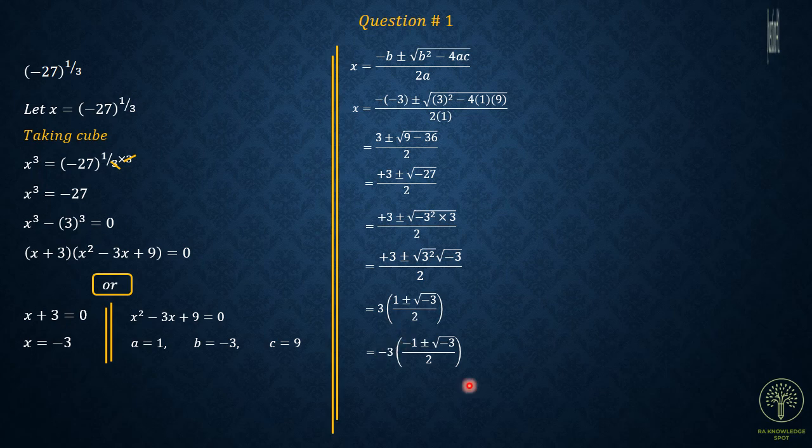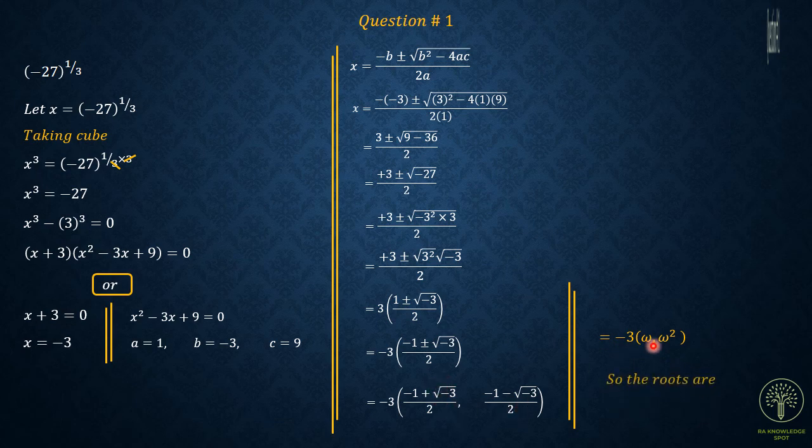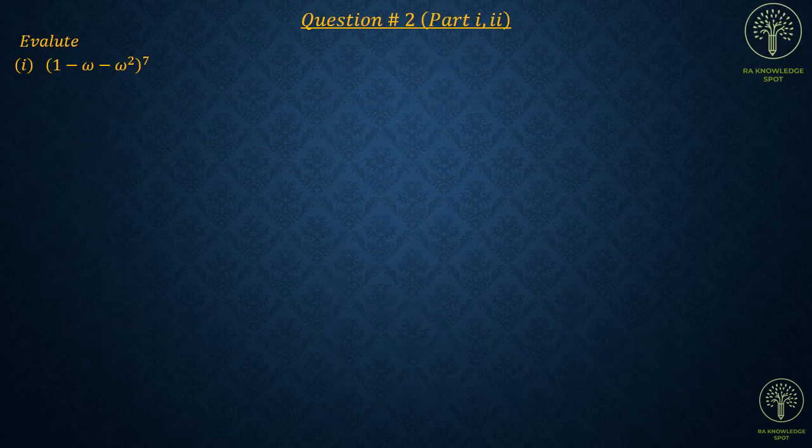After giving the comma and separating them, as you know, this is your omega and this is your omega square. Now the roots are: the first root is -3, and the rest are -3 omega and -3 omega square, because as the question is negative, the roots will be negative. Now this is question number 2.